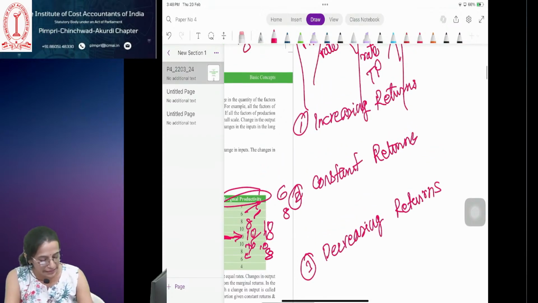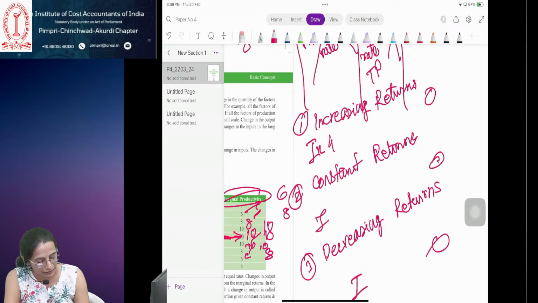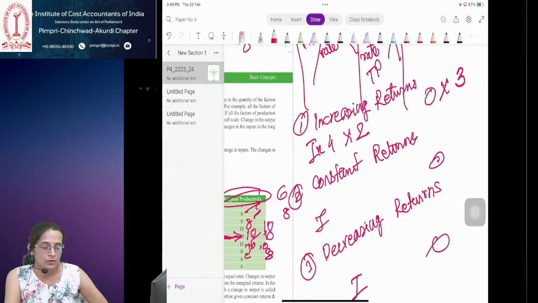So in increasing returns, what happens? We will be comparing the input, output, input, output, input, output. If the input factors, 4-5 factors are there, increase by double, the output factors increase by thrice, means more than the input factors. Got it?